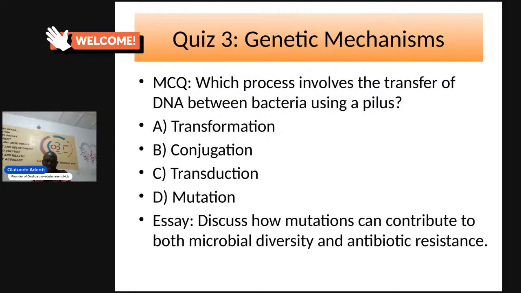Then genetic mechanisms: which process involves the transfer of DNA between bacteria using a pilus: transformation, conjugation, transduction, or mutation? Then discuss how mutation can contribute to both microbial diversity as well as antibiotic resistance.